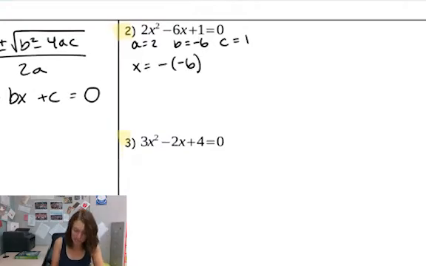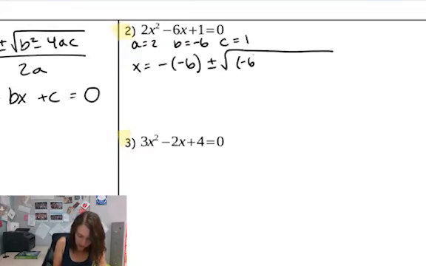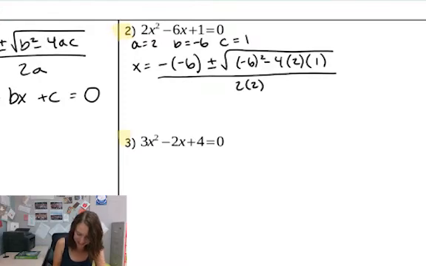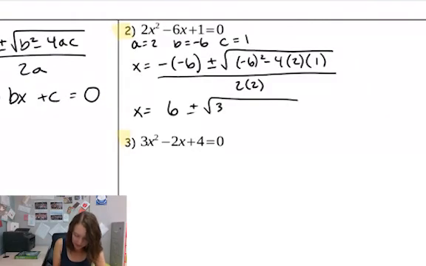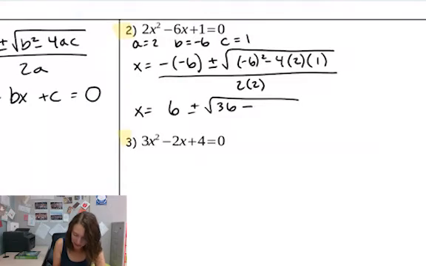I'm going to show those negatives. Plus or minus the square root of -6 squared minus 4 times a is 2 times c is 1, all over 2a. All right, and then we can simplify. Negative times a negative is a positive, plus or minus the square root of -6 times -6 is 36 minus 8, over 4.